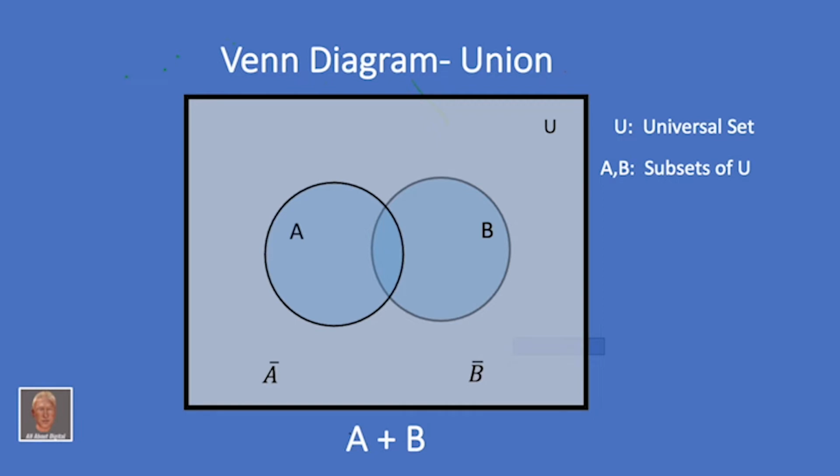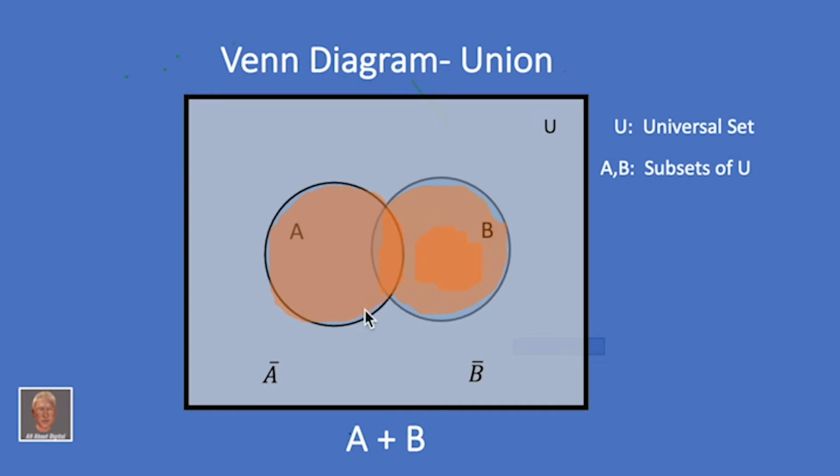So if we were to draw what A and B were within this universal set, it would be everything in A and everything in B. So you can see that the union or sum of A and B is equal to all the elements in A as well as all the elements in B.